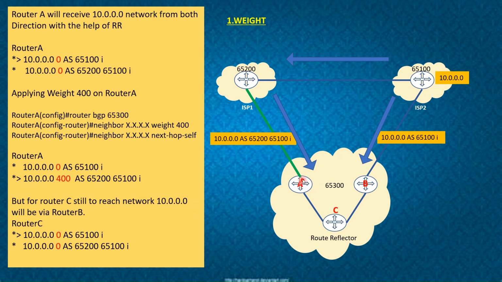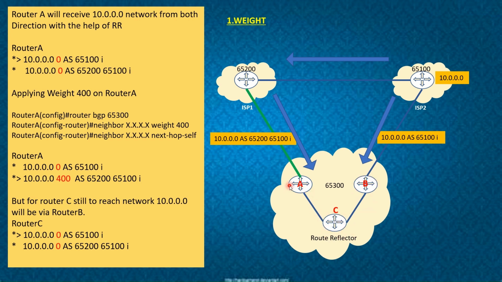Suppose I increase the weight on router A, and I have two edge routers, A and B, with two different ISPs terminating on each of them, and I want all my network traffic to go out through ISP1. To achieve that, if I use weight on router A, then whenever router A wants to go to network 10, it will always forward the packet through ISP1. But what about router C and router B?